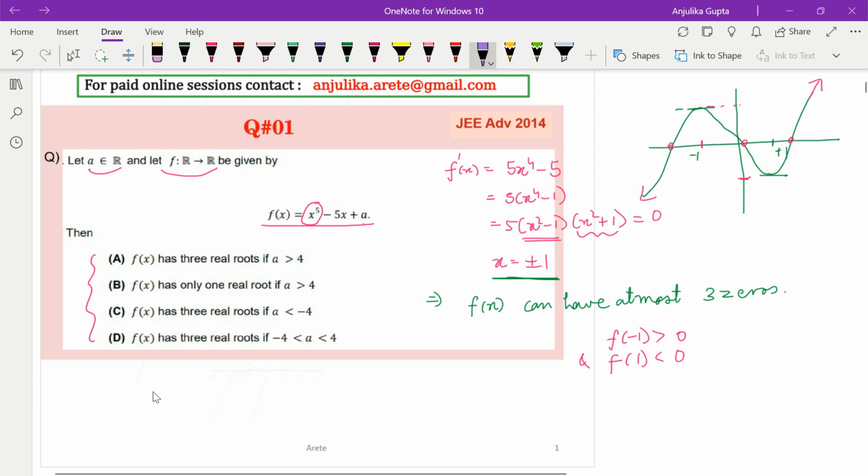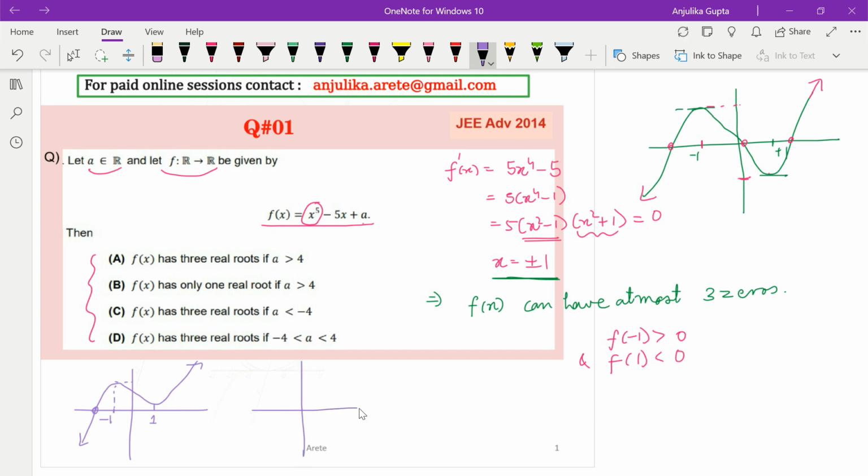What if it is not like that? Draw it and see. Suppose f is positive here but it's going like that. This can also happen. In that case you have only 1 zero. At negative 1 your function value is positive, but at positive 1 it is also positive. If both are positive, then you have only 1 zero.